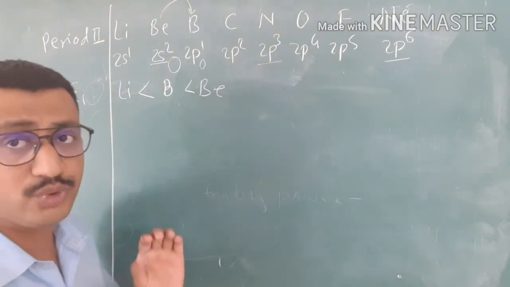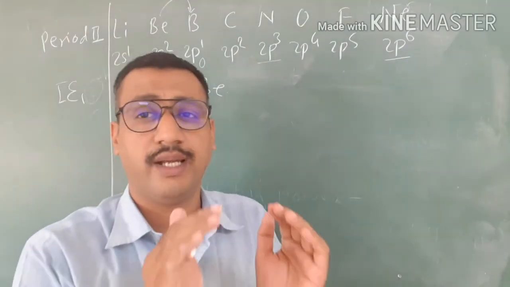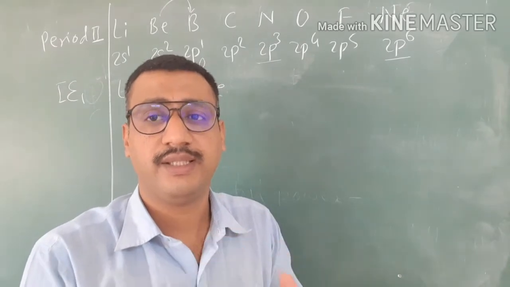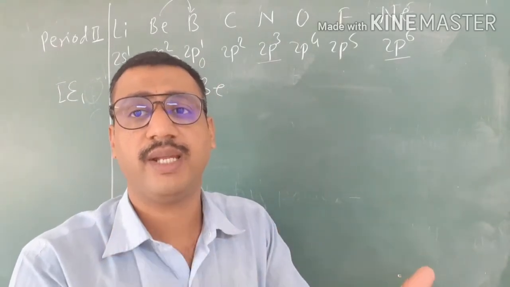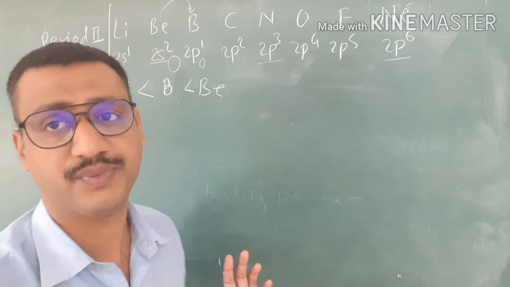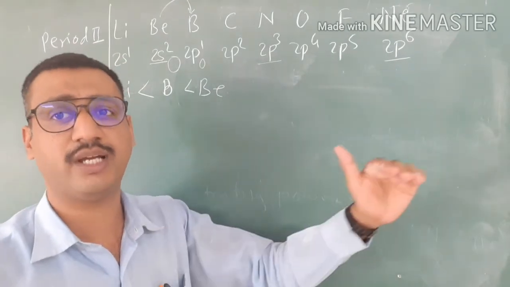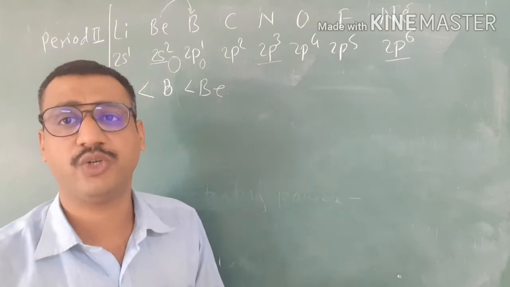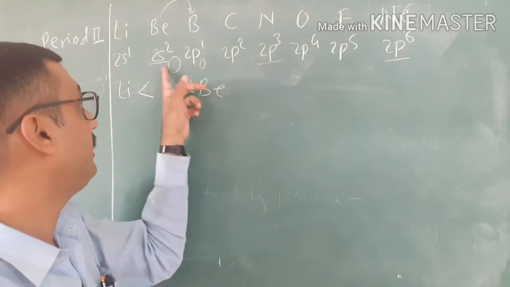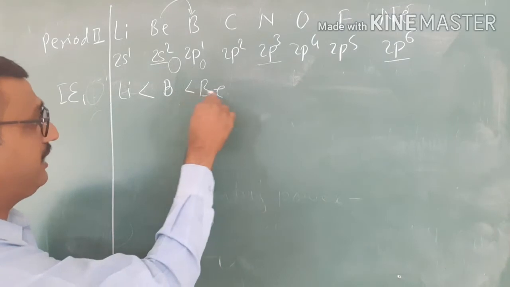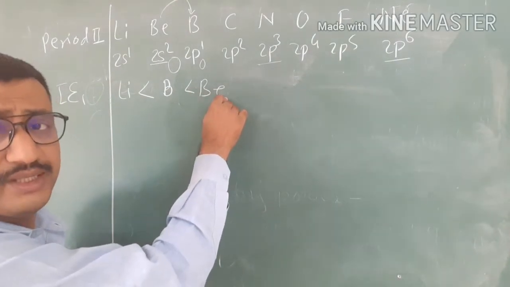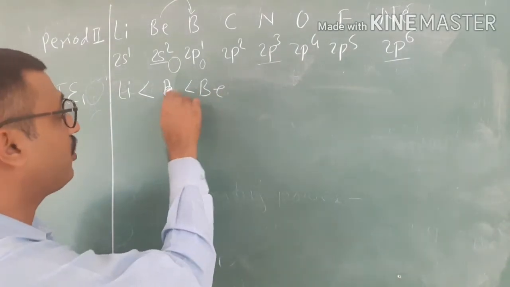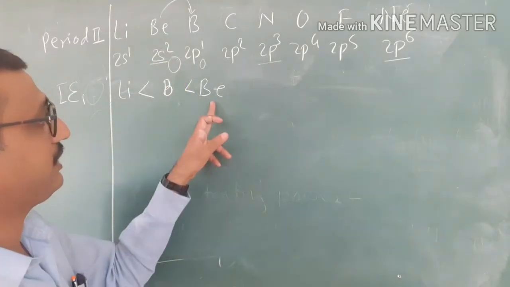So here we are concluding that as compared to the atomic size, the more significant determining factor is the electronic configuration. Firstly we should look at the atomic size, but later on we should think about the electronic configuration. That's why I underlined beryllium here. As compared to boron, beryllium has a higher ionization potential value.